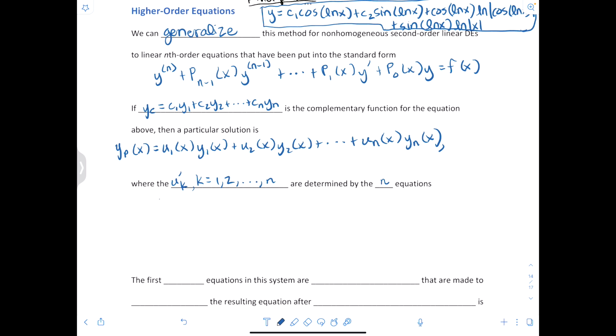So you basically have y1 u1 prime plus y2 u2 prime plus dot dot dot plus yn un prime equals 0.